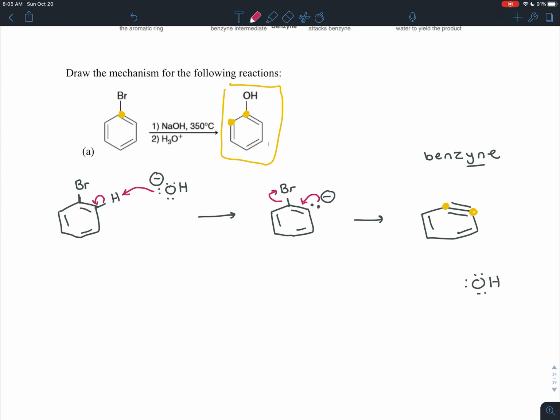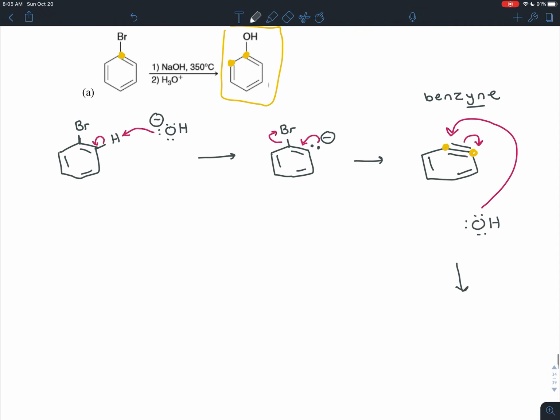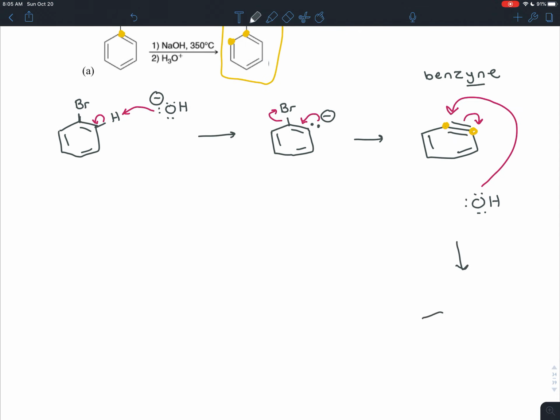So if it attacks, let's say this top one, the electrons would go onto the neighboring carbon, and we have that unstable negative charge, and that's in the second step.